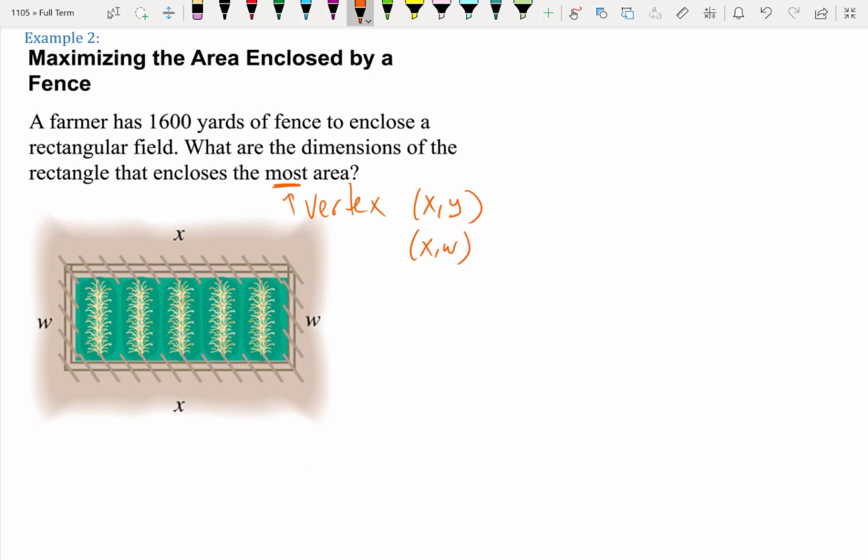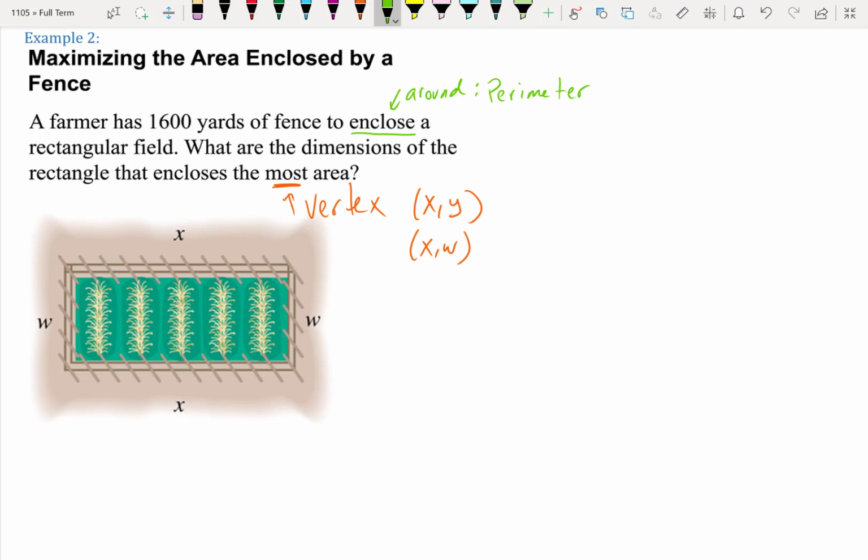We have 1,600 yards of fence to enclose a rectangular field. Enclose means around. Around, when we have a shape, means perimeter.